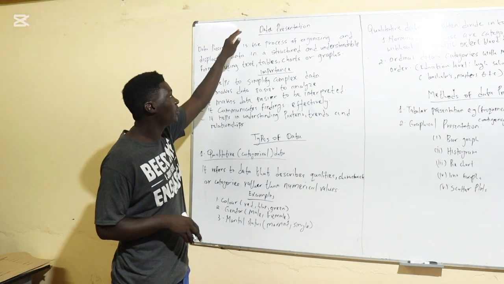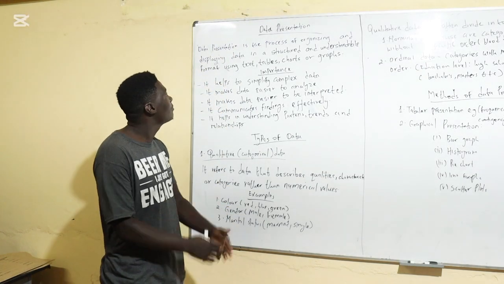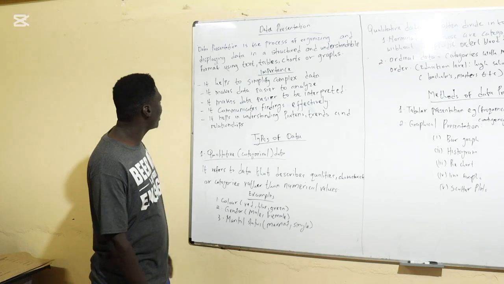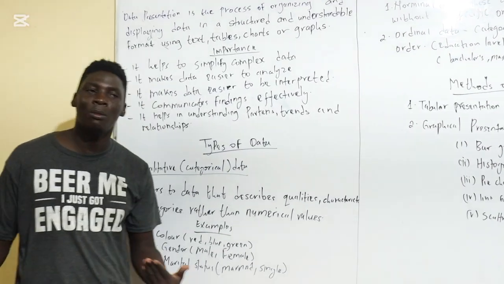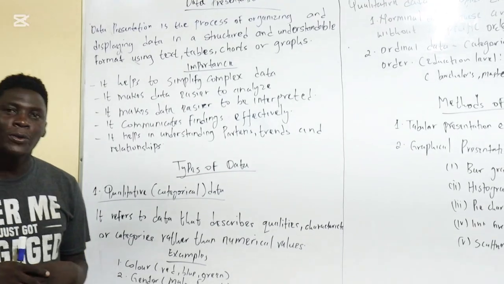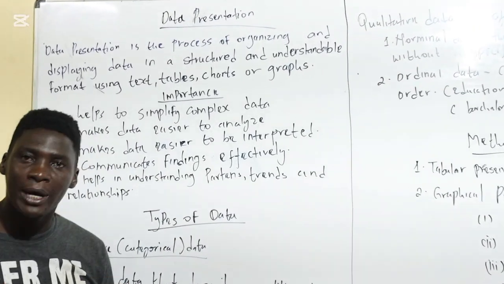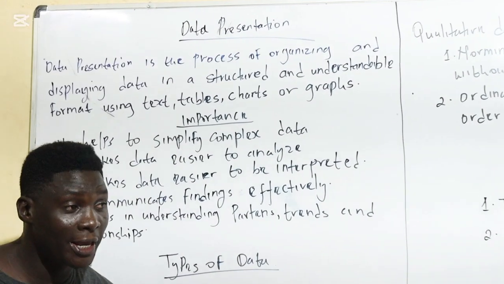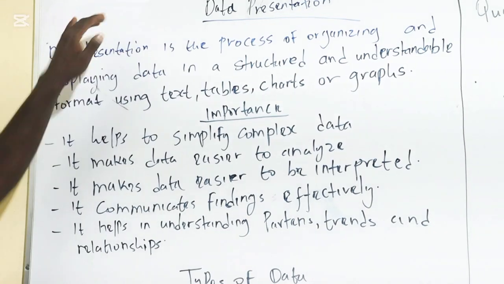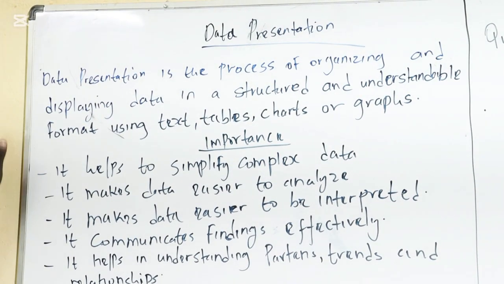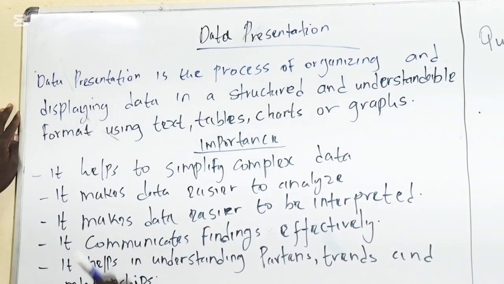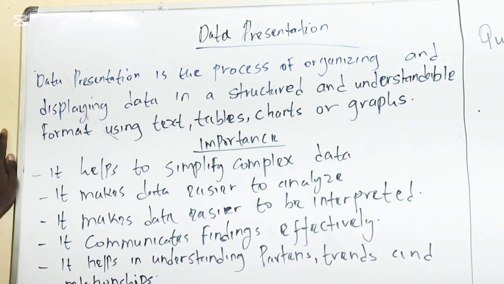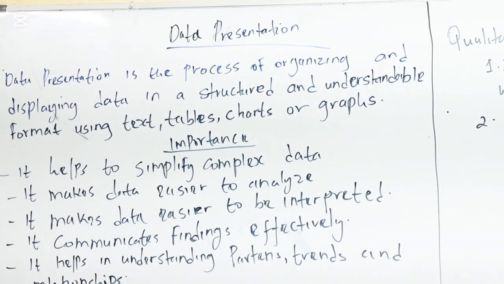As we start, we're going to start with the definition of terms, and we must understand what data presentation is. From your own language or your own understanding, you must also be able to define data presentation in your own way. With my definition, data presentation is the process of organizing and displaying data in a structured and understandable format.